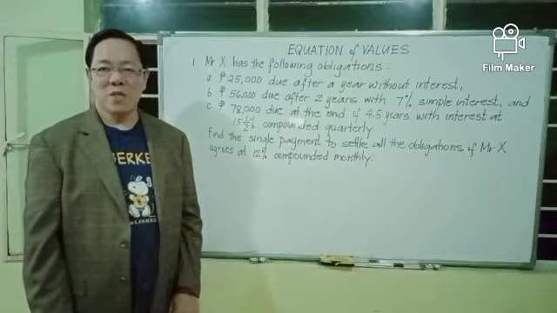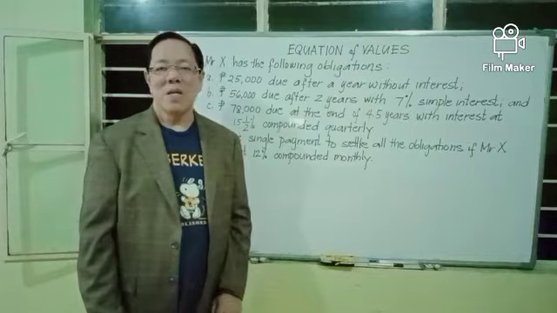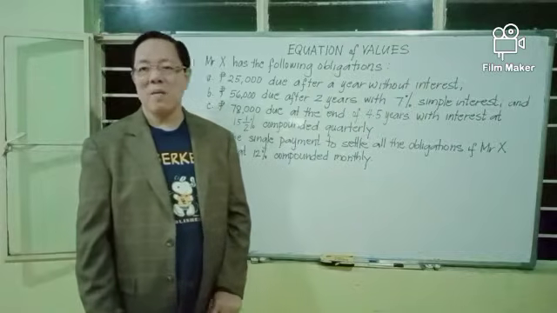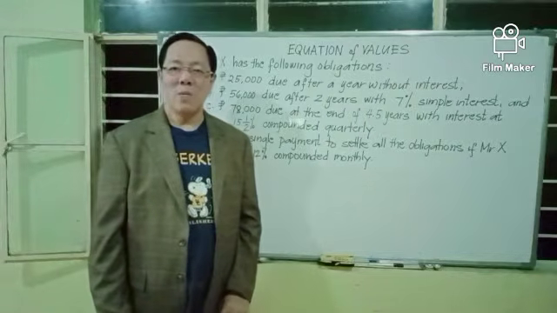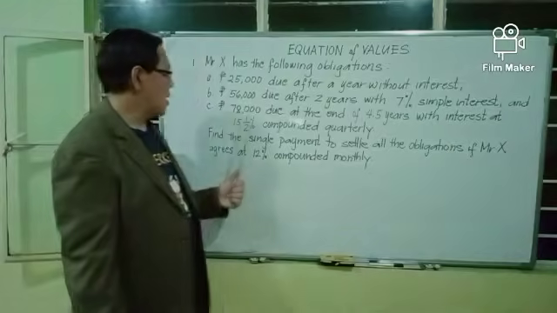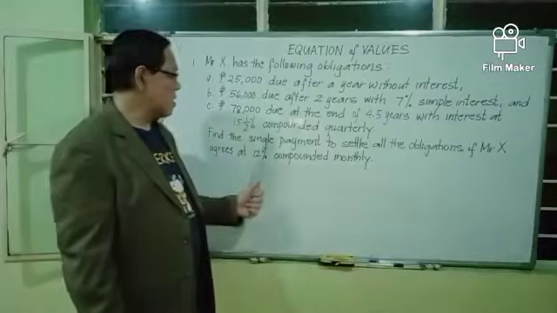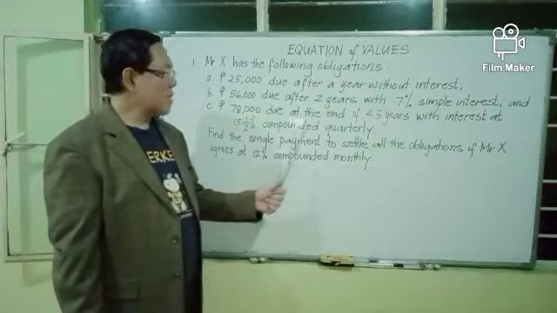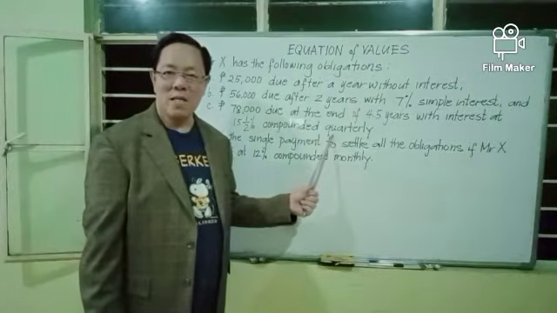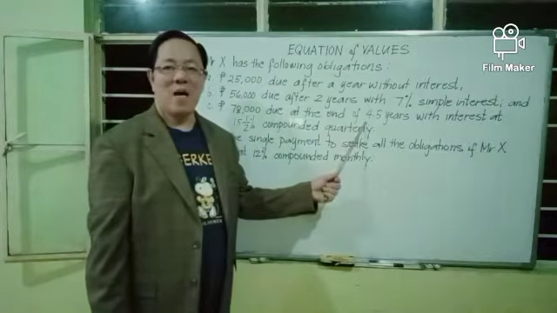To find its accumulated value, we use the formula for accumulated value at compound interest, capital A equals P times quantity 1 plus i to the power n, where P is the principal, the original loan of 78,000 pesos, small i is the compound interest rate 15.5% divided by the number of interest computations in a year, which is 4 as indicated by quarterly, and the exponent n is the number of interest computations for 4.5 years.